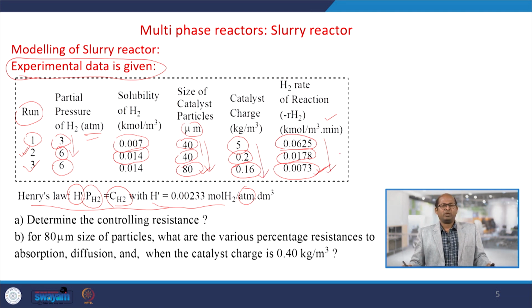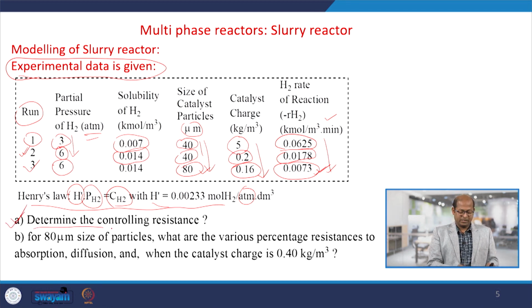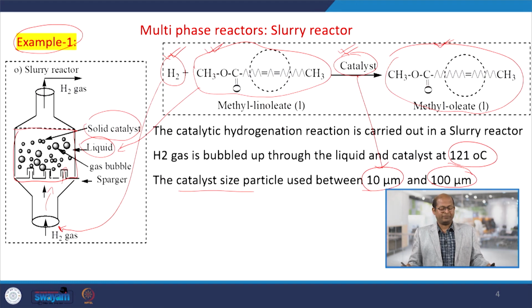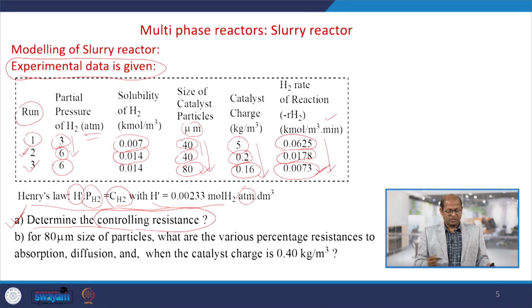Now, we have to determine, this is question 1, the controlling resistance. We know the possibilities: surface reaction control, internal diffusion resistance control, or external diffusion control. So, which one would be the rate limiting step, and how much is the controlling resistance for this particular system in a slurry reactor, that we have to evaluate.